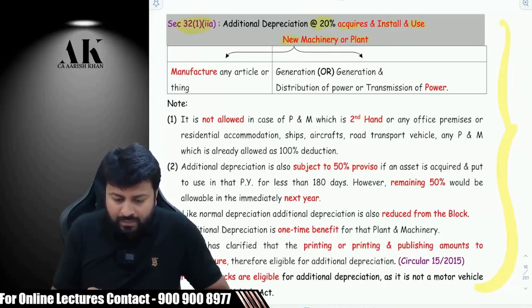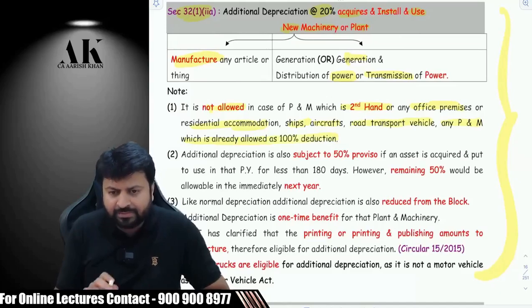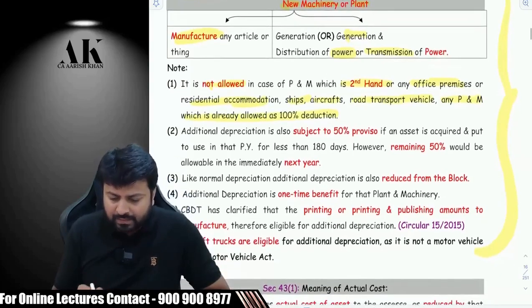Which assessee is eligible? You should be either a manufacturer or power generator, transmitter, etc. It is not allowed in case of second-hand plant and machinery, office premise, residential accommodation, ships, aircraft, road transport vehicle, or any plant and machinery which is already allowed as 100% deduction. This is the negative list which is very important for us.